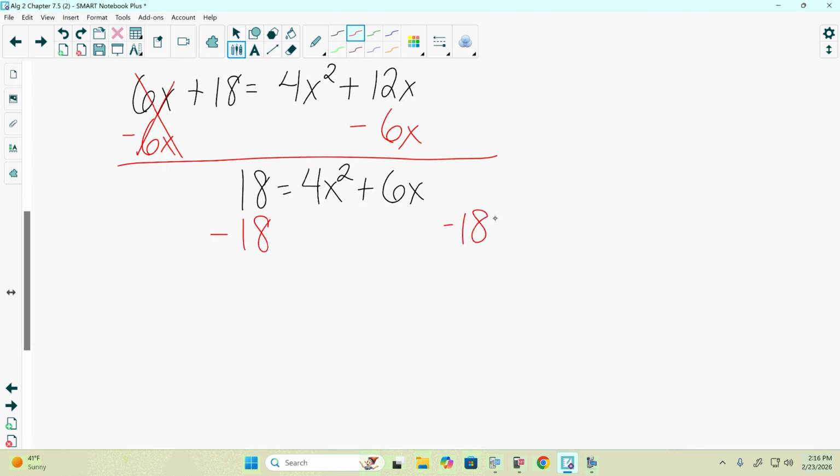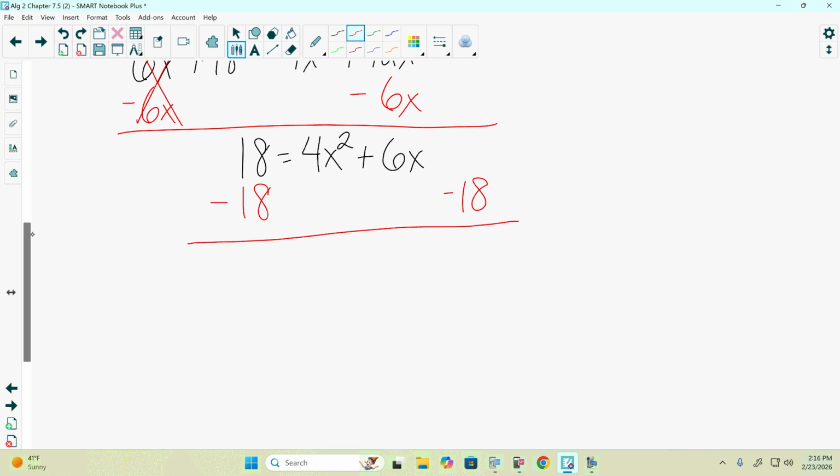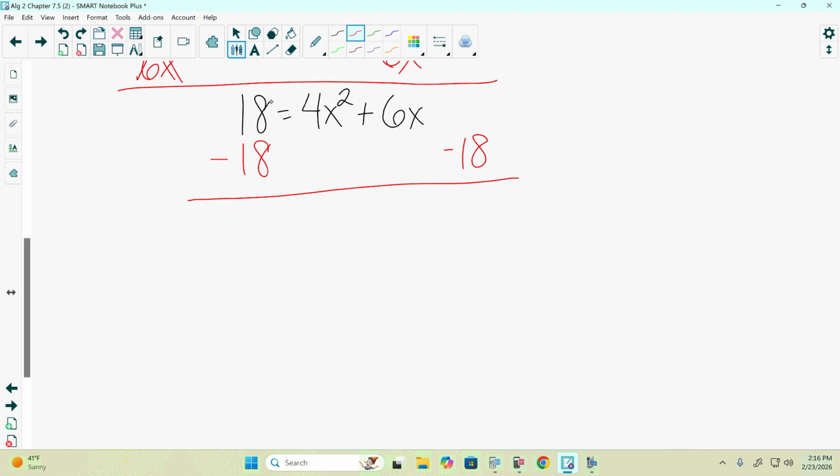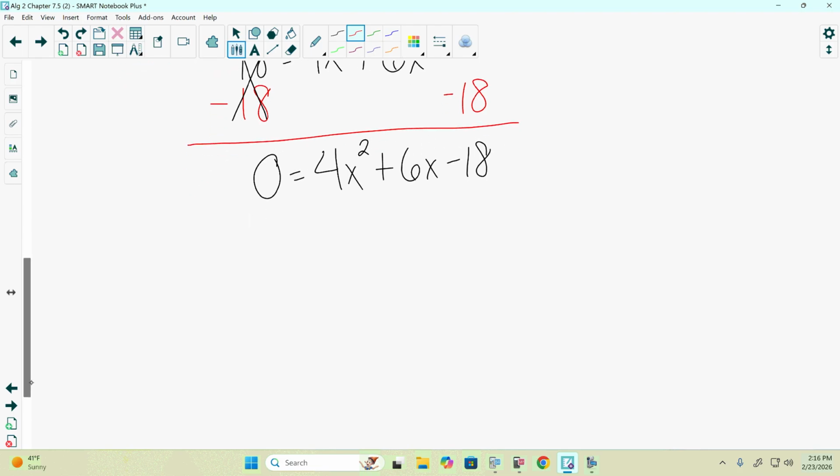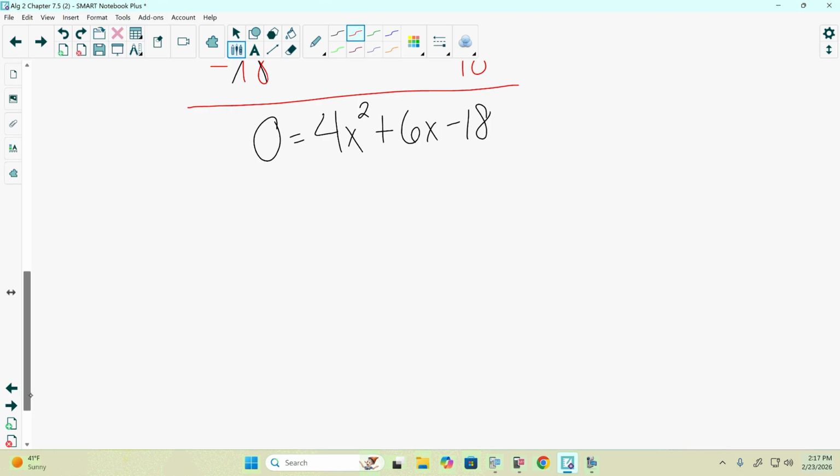Then we're going to need to subtract 18 from both sides. 18 minus 18 will be 0. Our left-hand side will officially be 0. Now, because there are no like terms with our negative 18 to subtract from, it's just going to be minus 18. Questions on how we got to 4x squared plus 6x minus 18?